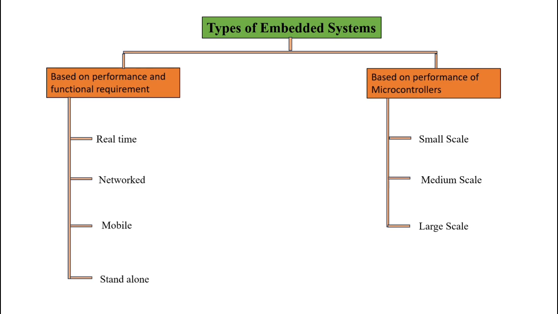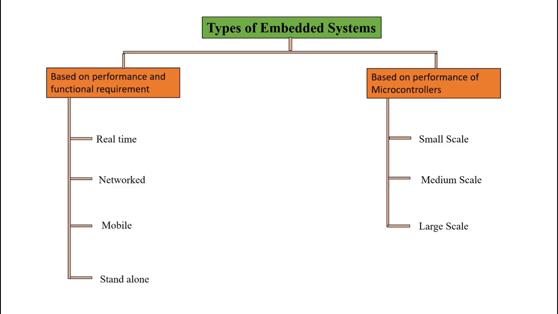Network means it is connected to other devices with Wi-Fi, Bluetooth, Ethernet, Zigbee, or any network. Mobile means we can carry the device anywhere. Standalone means we keep the device in a particular fixed place.